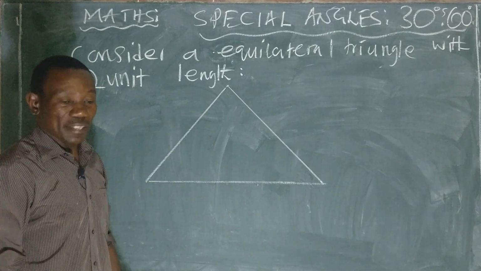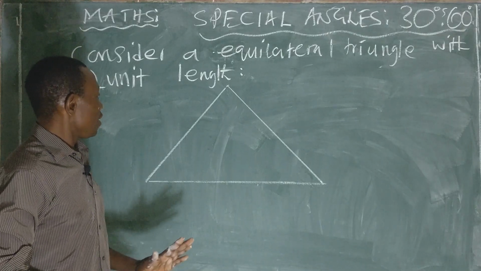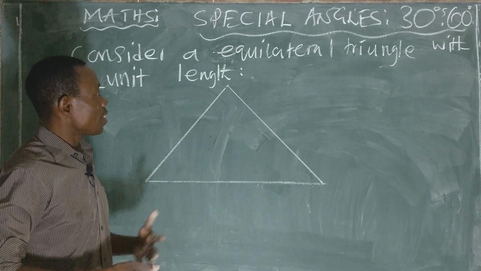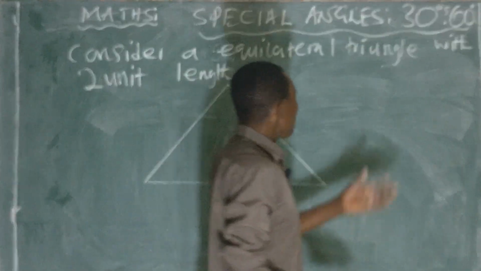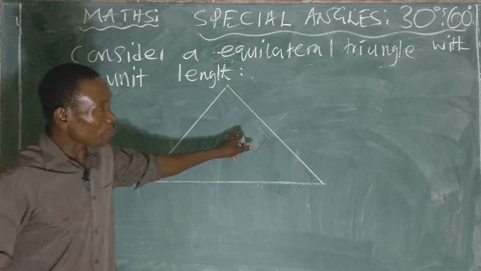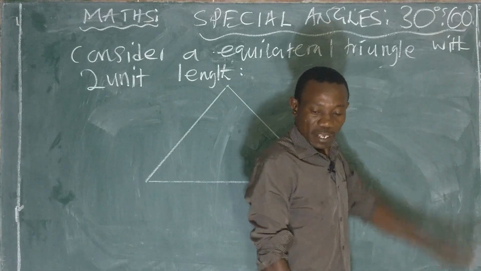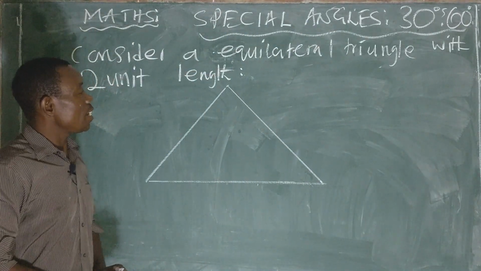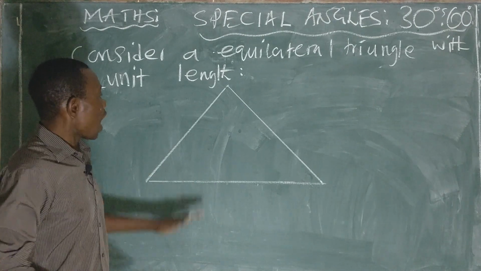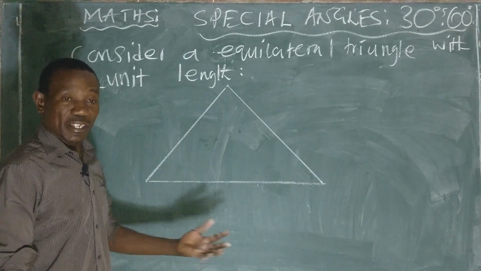An equilateral triangle has angles which are 60 degrees as such. So within it, we can also bring some other properties that will be able to give us the angle of 30 degrees. So the whole essence about the trigonometric ratios of 30 and 60 degrees is all coming from the equilateral triangle, because of the properties that it has.